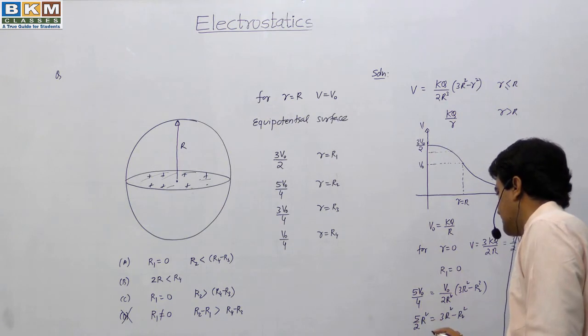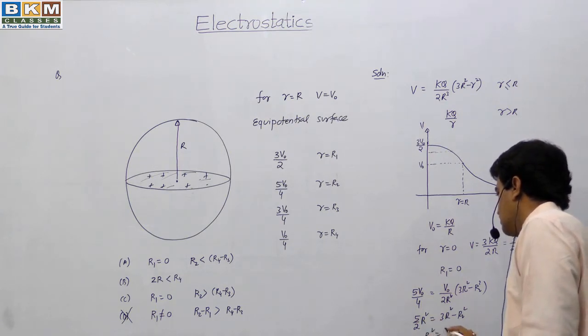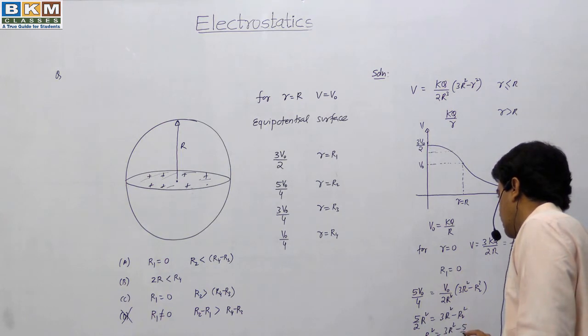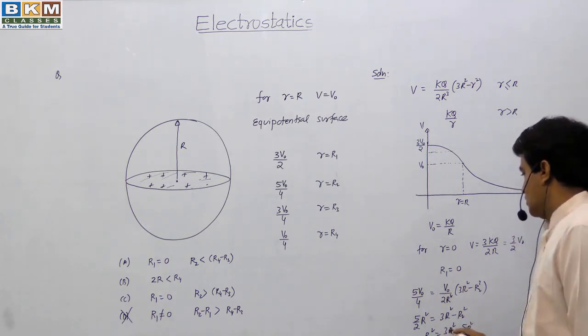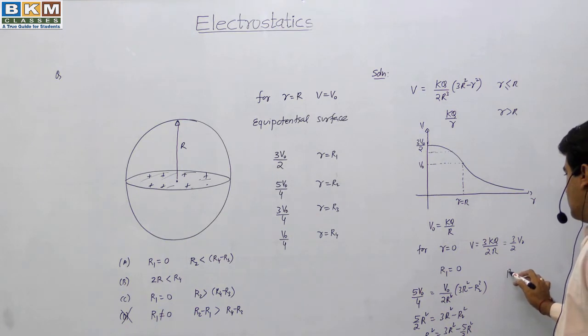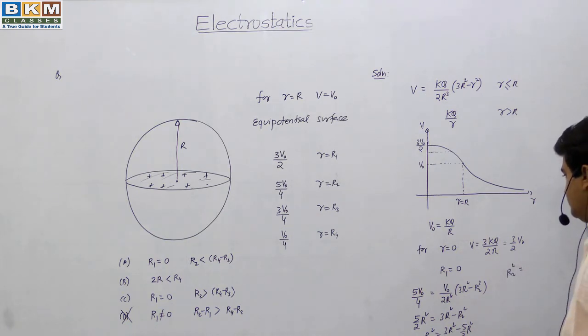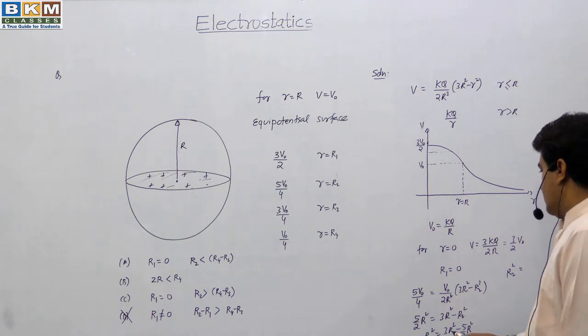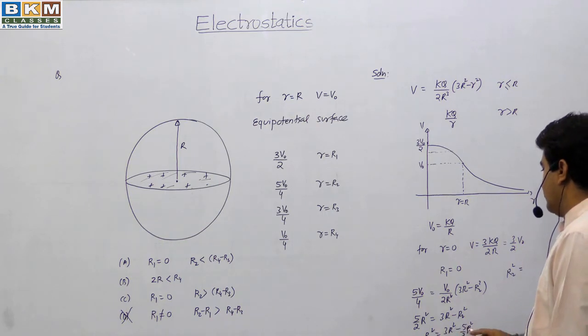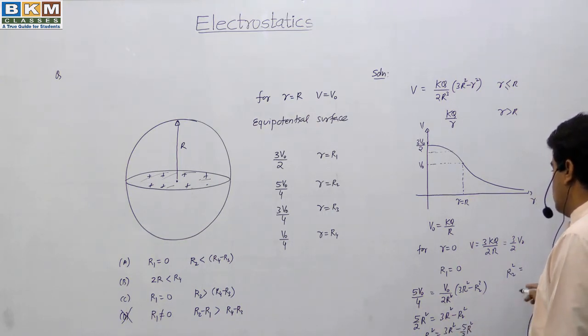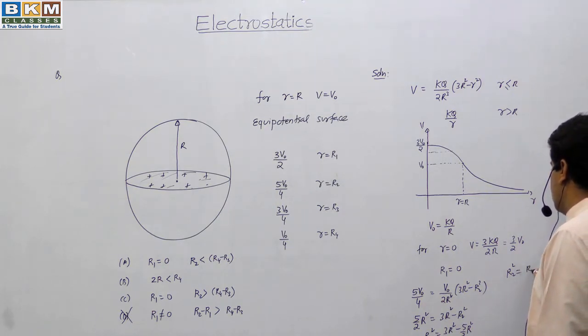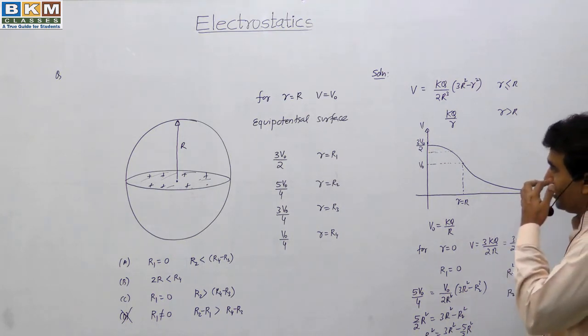When r2 square goes to the other side, it becomes 3R square minus 5 by 2 R square, which is 6 minus 5 is 1, by 2. So r2 square is R square by 2, and r2 is R by root 2.